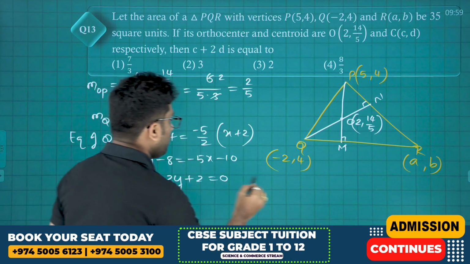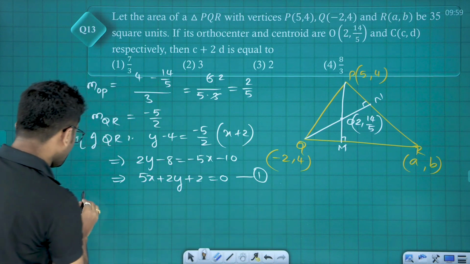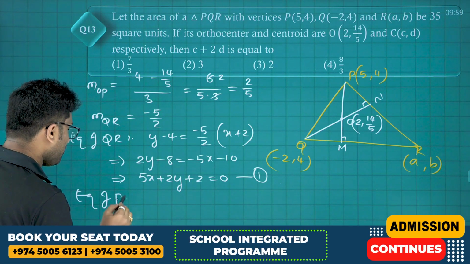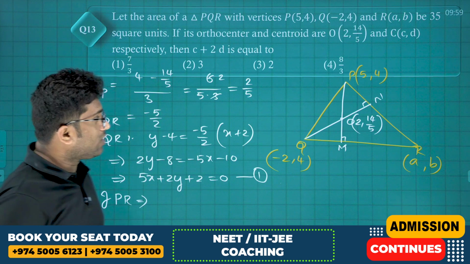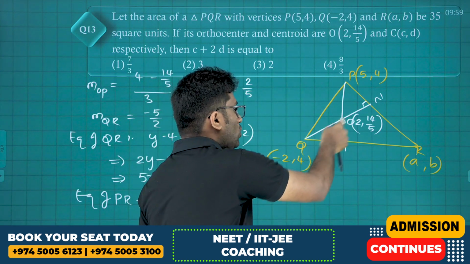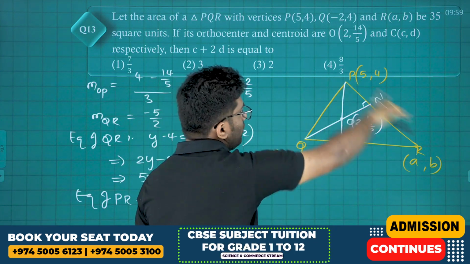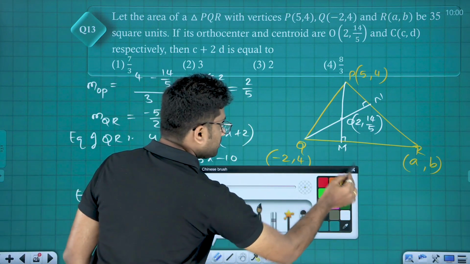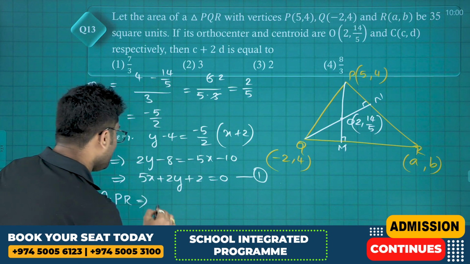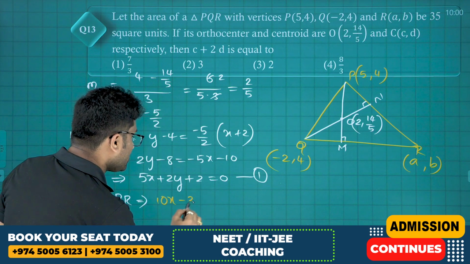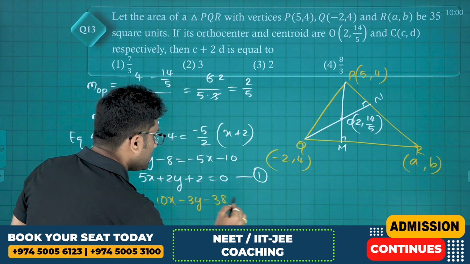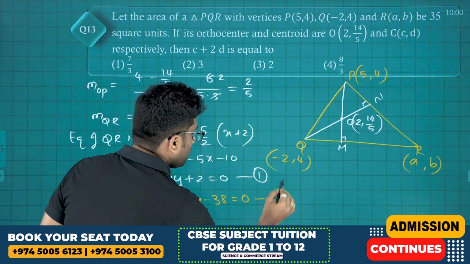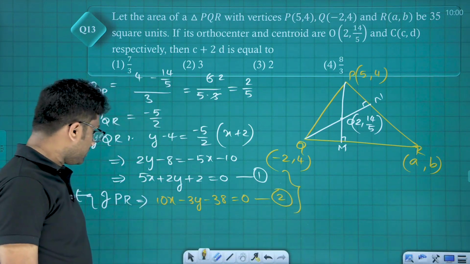This is the equation of QR. In the same way, friends, the equation of PR. To get PR, what do we do? We'll take the slope of OQ, and the perpendicular slope will be the slope of PR. So the equation of PR will be, I am writing it directly, 10x minus 3y minus 38 is equal to 0. This is equation 2.